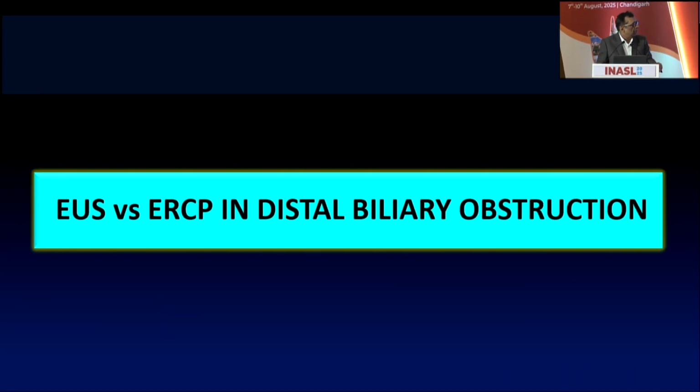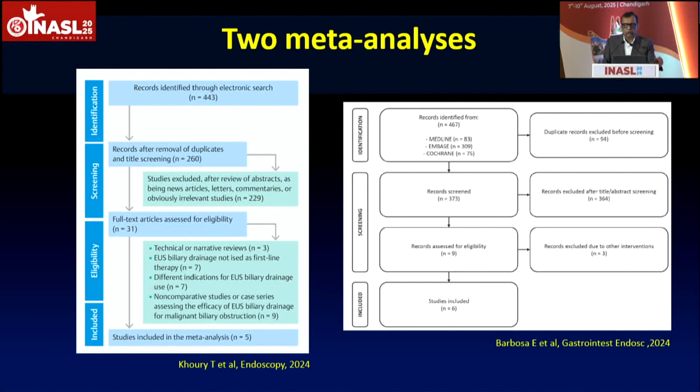So now let me talk about the most important and most controversial issue. What is the status of EUS versus ERCP in distal biliary obstruction? And when we talk of distal biliary obstruction with EUS, we are primarily talking of CDS. There are 2 meta-analyses published in the second half of 2024, one in Endoscopy and one in GI Endoscopy.